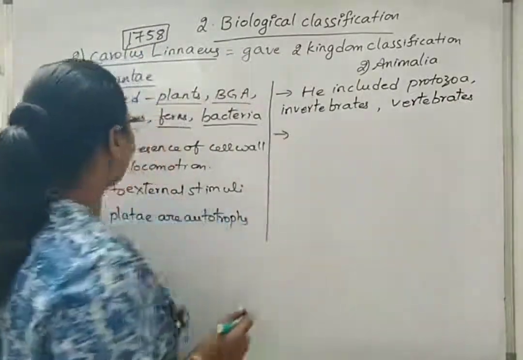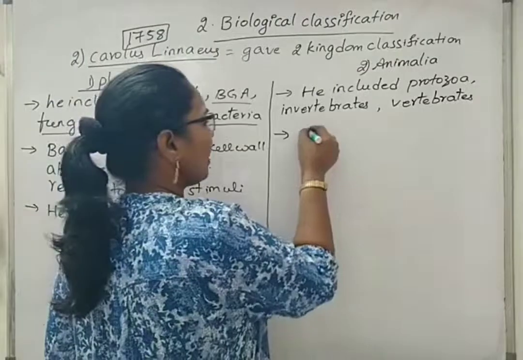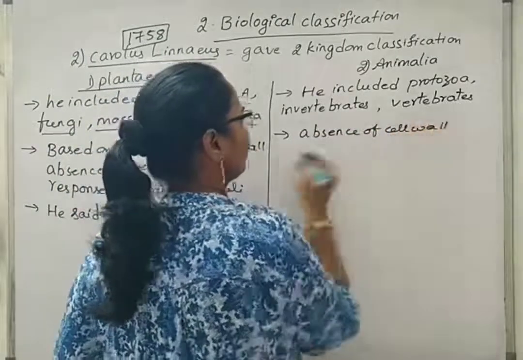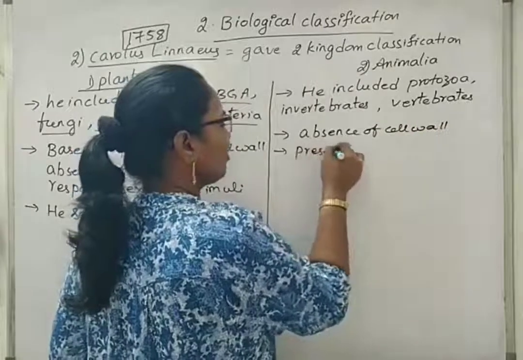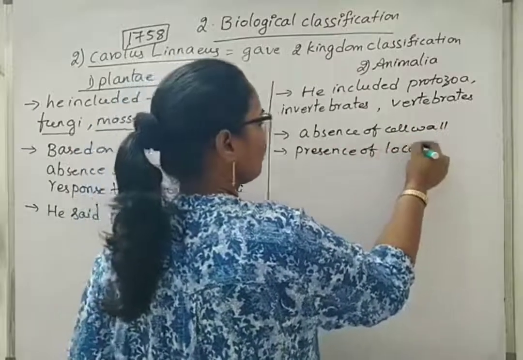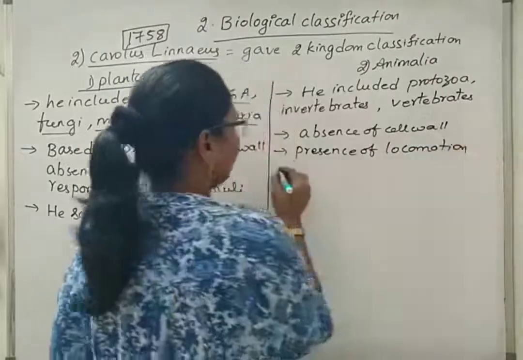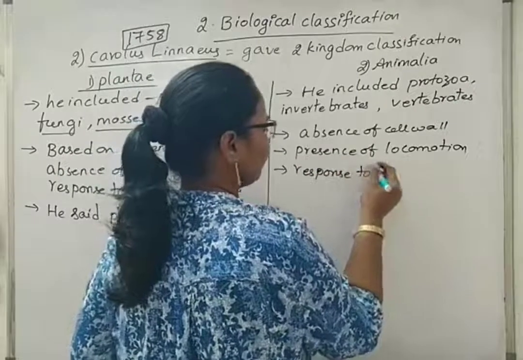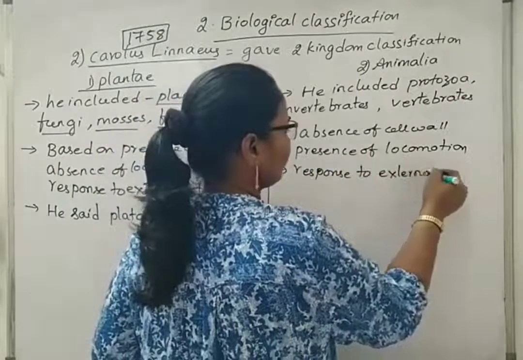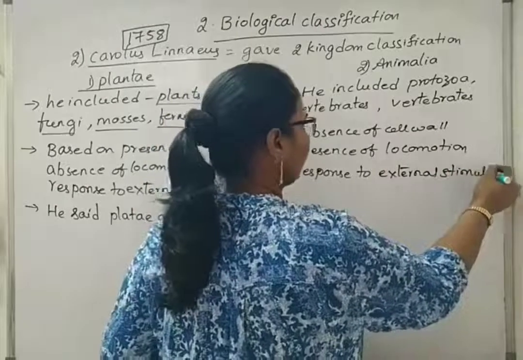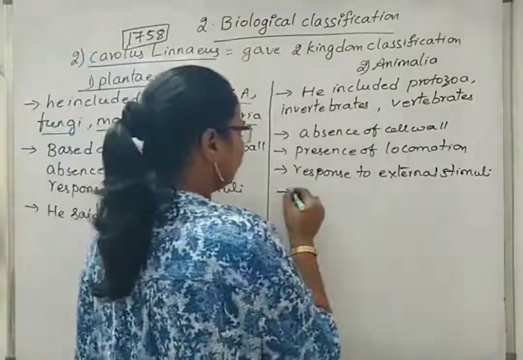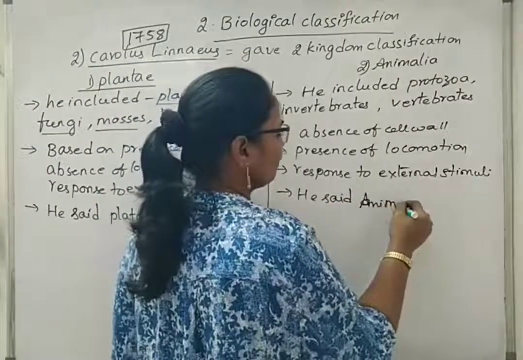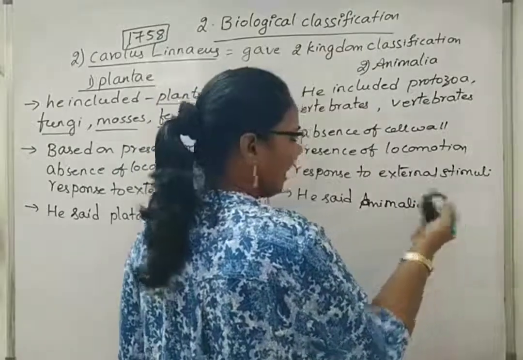Under animals, he considered points like absence of cell wall, presence of locomotion, and response to external stimuli. He said, Animalia are heterotrophs.